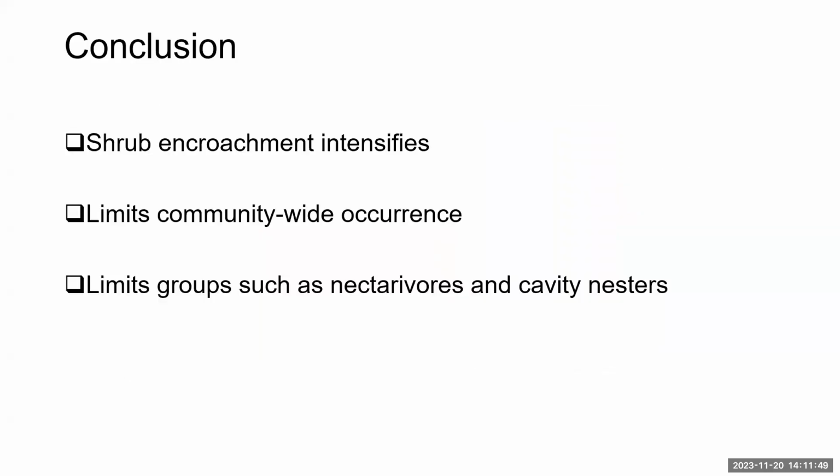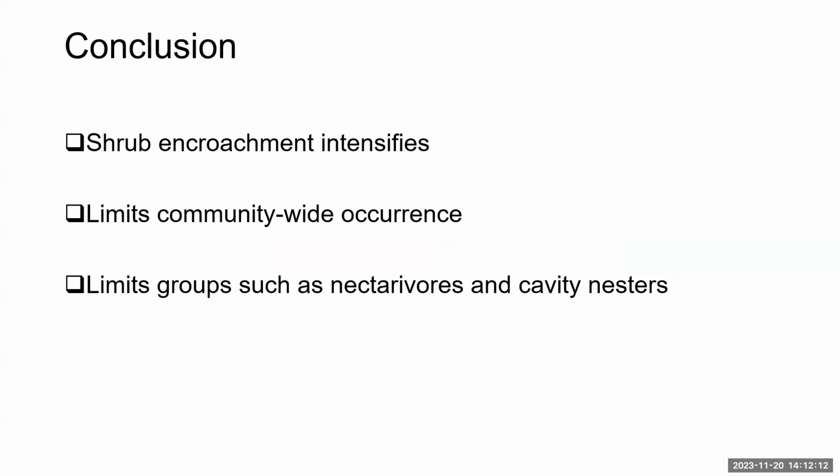So the take home from this part of my dissertation was that, of course, shrub encroachment is intensifying as predicted by other researchers, and it does seem to be driving a community-wide decline in species occurrence.